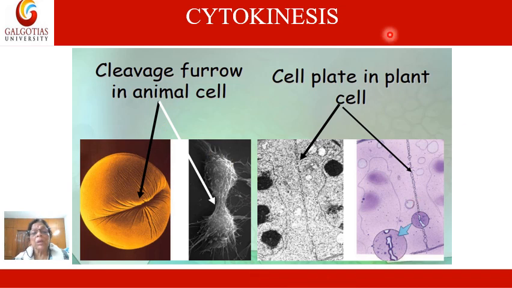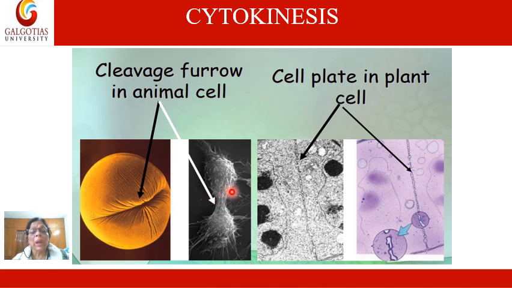Now, this slide is showing cytokinesis. This slide is showing cell division in plants. This is cytokinesis in a plant. Here, in the case of a plant, the cell plate is formed, separating the whole cell into two. And in the case of an animal cell, the cleavage furrow starts forming, leading to the division of the cytoplasm into two.